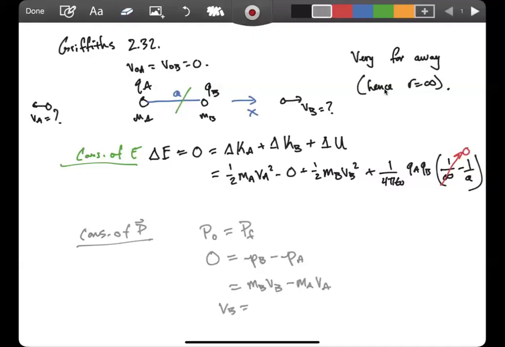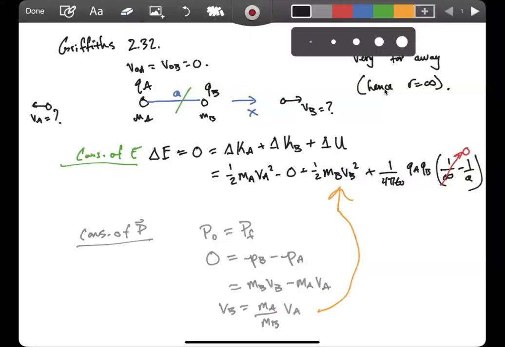So in this case, velocity VB is going to be equal to the ratio of the masses MA to MB, all times the velocity of A. Again, simply going to take this, plug it into here, and then solve simply for VA. So let's go ahead and do that.